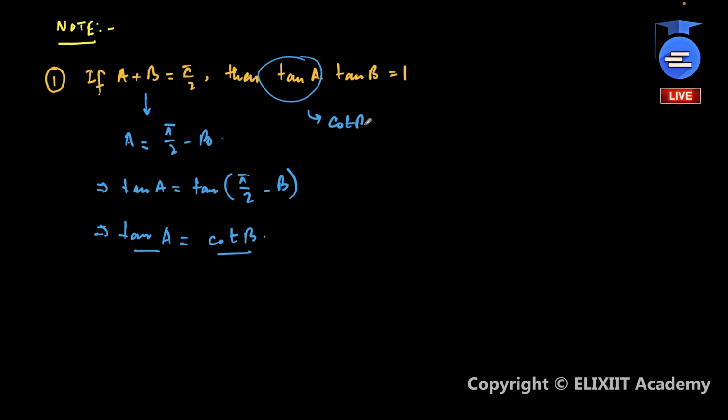So cot b times tan b is what? 1 only, because cot b and tan b simply cancel out. Cot b is 1 upon tan b. So this is how we prove this relation. So you must remember this thing. If a plus b is equal to pi by 2, then tan a into tan b is actually 1. Important relation.